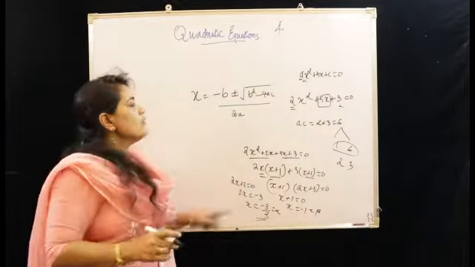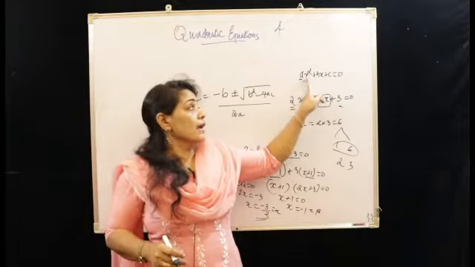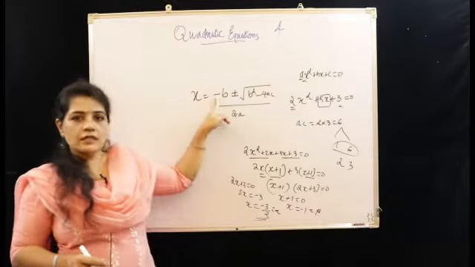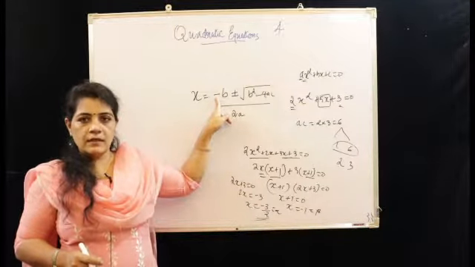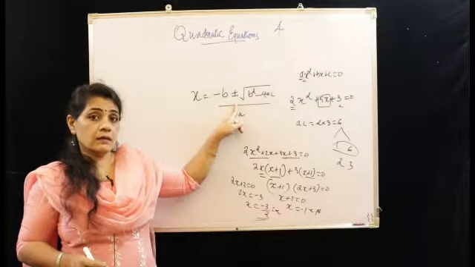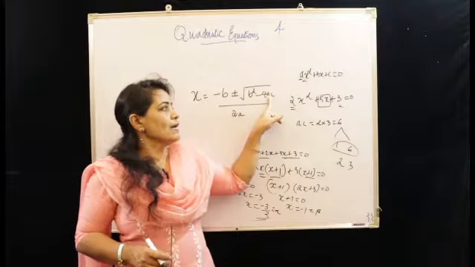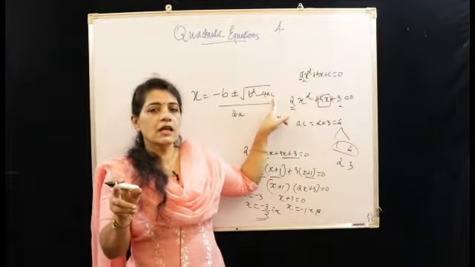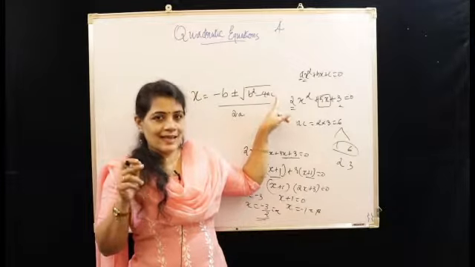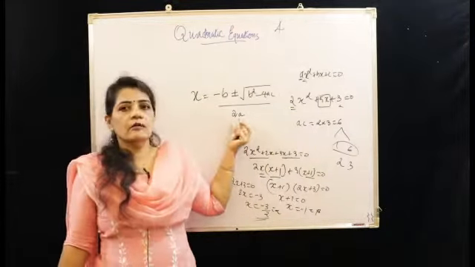See children, all these variables a, b and c are the coefficients of x square, x and the constant term. See children, minus b: take the coefficient of x and take its negative. Plus or minus, both values you have to consider. Root of b square minus 4, where 4 is a constant, into the coefficient of x square, that is a, and the constant c, so b square minus 4ac, divided by 2a.